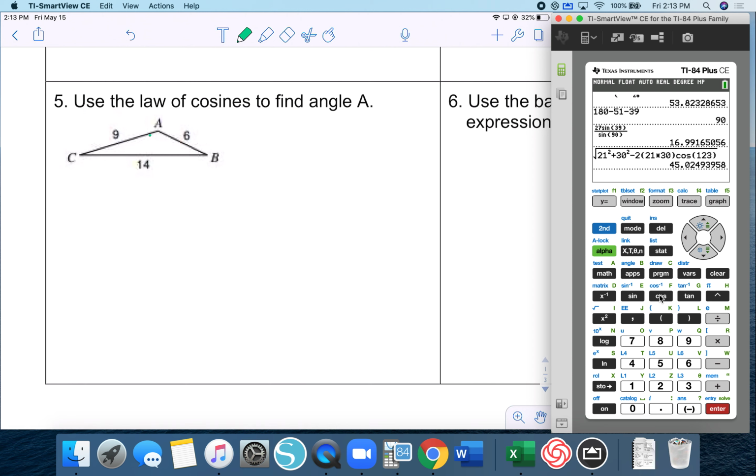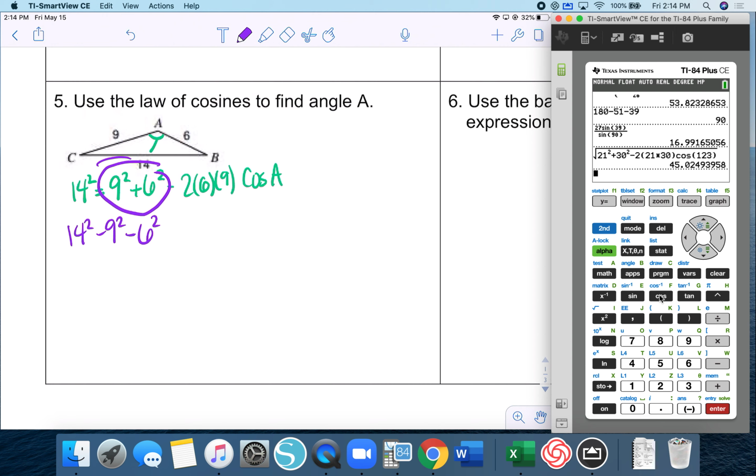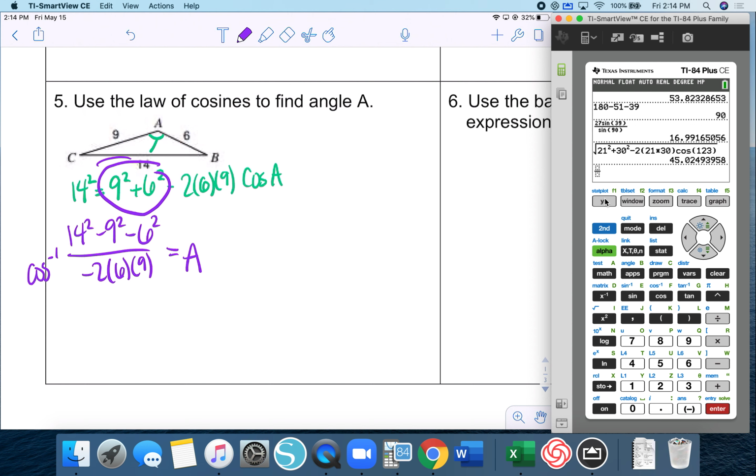Use the law of cosines to find angle A. So that would be 14 squared equals 9 squared plus 6 squared minus 2 times 6 times 9 cosine of angle A. So first I would move these to the other side using subtraction. And then I would divide by the part in front of cosine. And then I would take the inverse, and all of that would equal angle A. You guys were really good at this part, so I'm not super worried about you there.